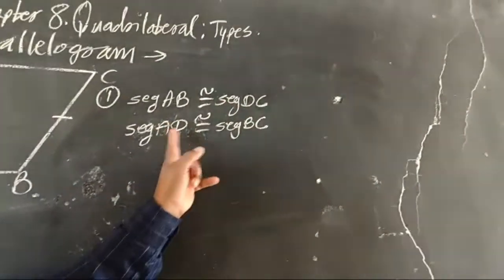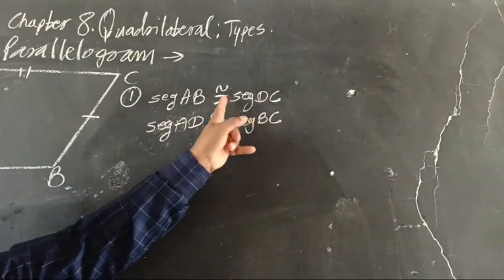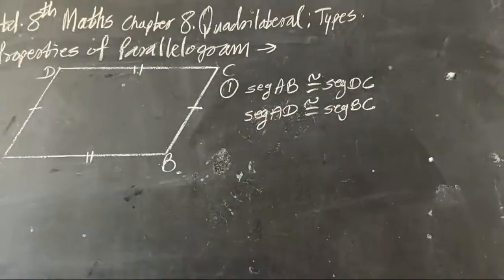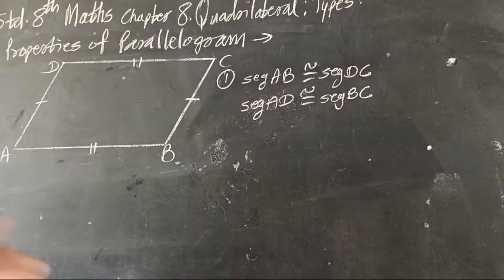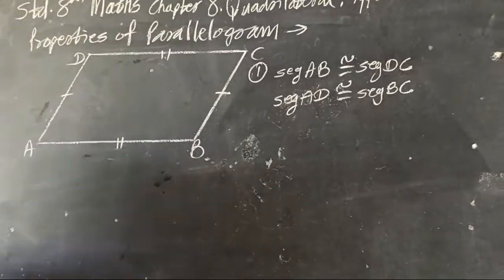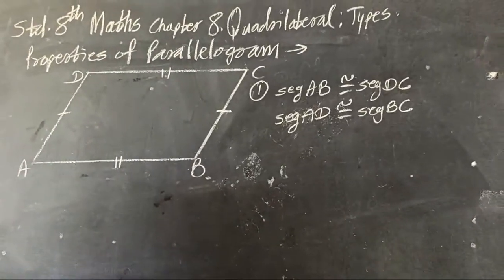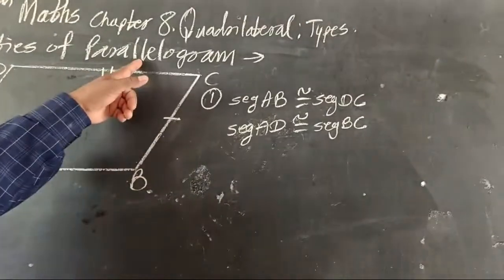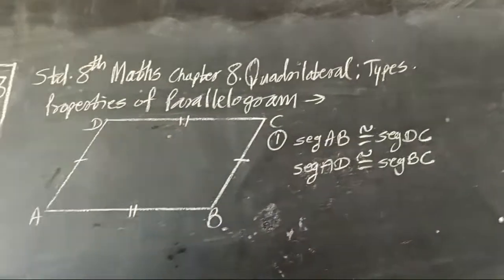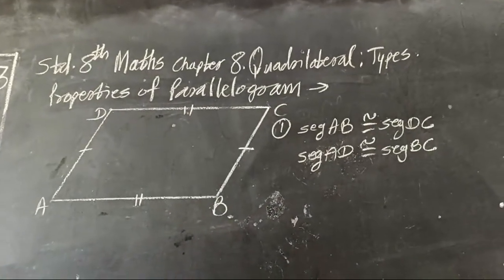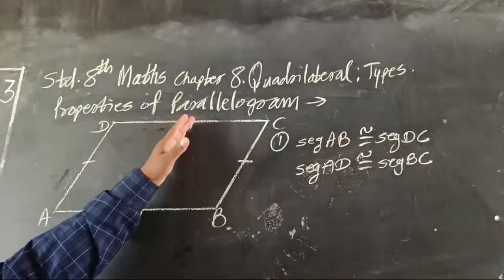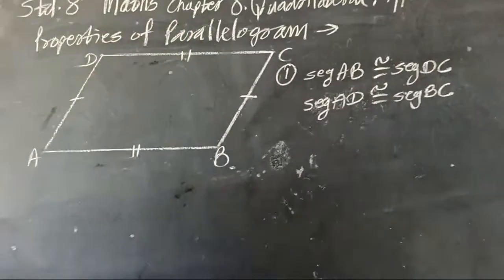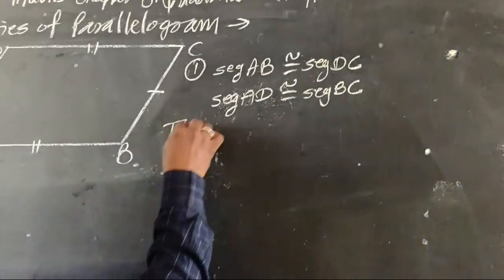These are opposite sides, and opposite sides... Tell the total sentence. Opposite sides of a parallelogram are congruent. That is the property.